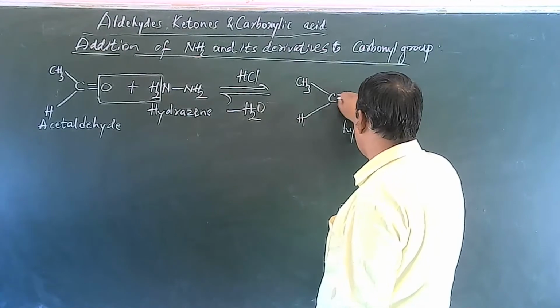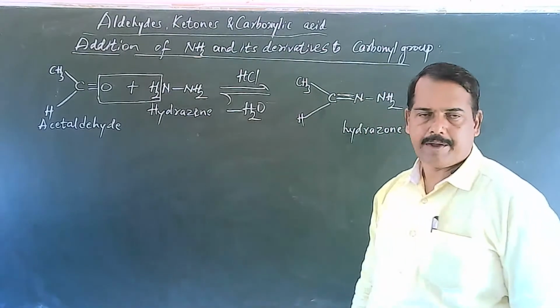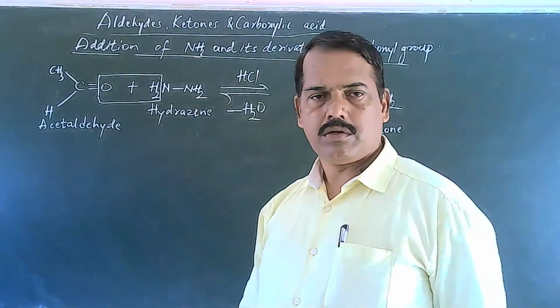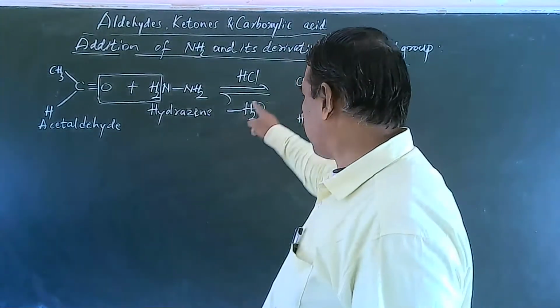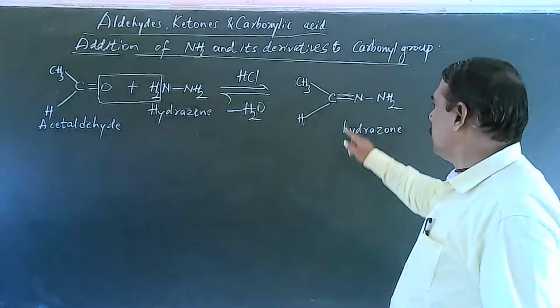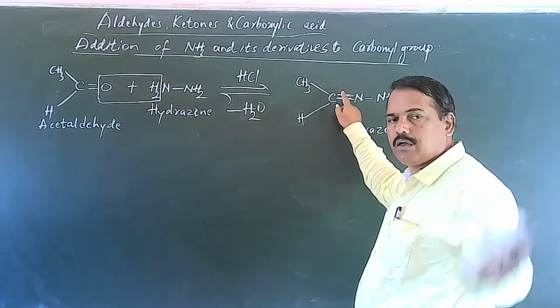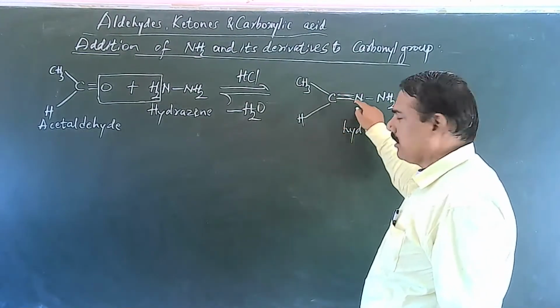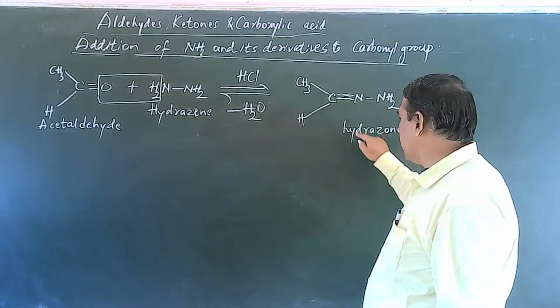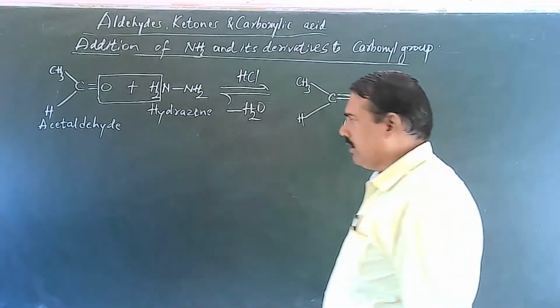And this has a carbon to nitrogen bond. Are you clear? A very simple reaction, where the C=O bond is removed and a C=N bond is formed, and this is nothing but a hydrazone.